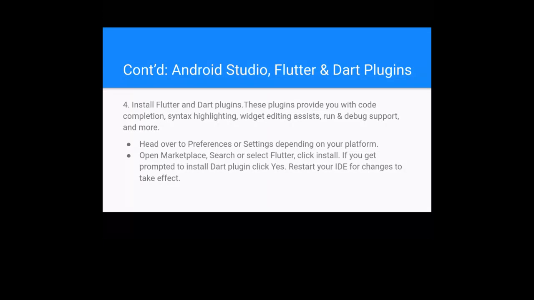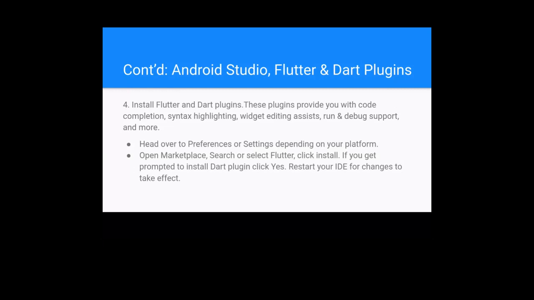After you have done the installation, you need to install Flutter and Dart plugins. For this, just search for Flutter and install the Flutter plugin. That is on Android Studio now. You just head to preferences or settings, depending on your platform. On macOS it will be preferences, but on Linux and Windows it will be settings.